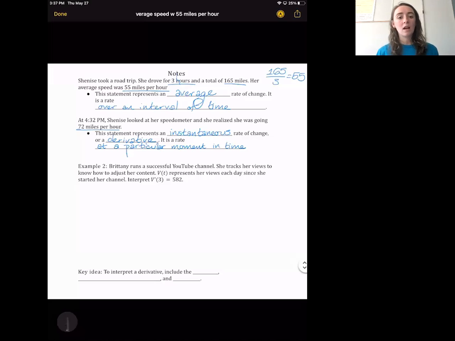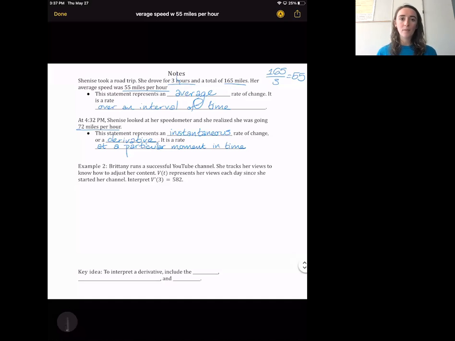So like I mentioned a couple of moments ago, one of our key skills in calculus is going to be able to interpret these rates of change, whether they are average rates of change or instantaneous rates of change. We're going to practice this in example number 2.